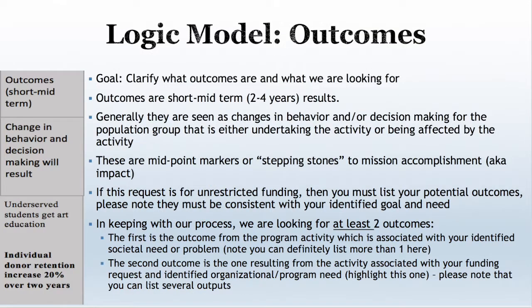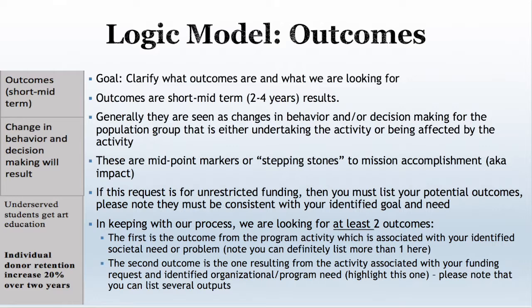Now we are going to look at your outcomes, which are changes in behavior and or decision making. Outcomes are considered to be short to midterm objectives in accomplishing your goals.